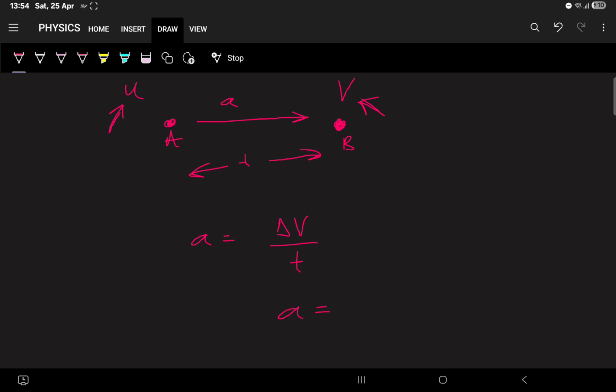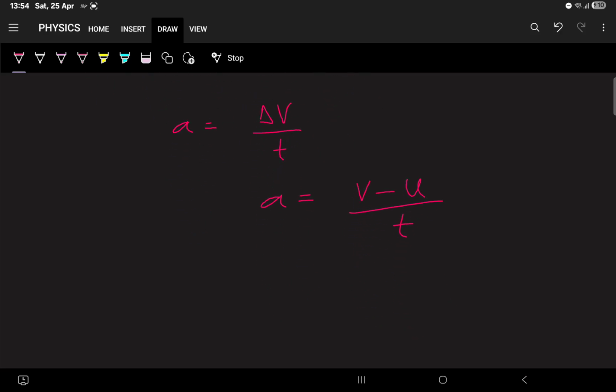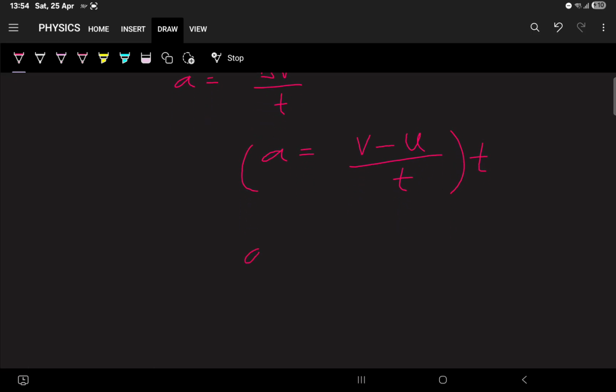So our change in velocity is final velocity, v, minus initial velocity, u, divided by time interval t. Now, multiplying both sides by t, we have at equals v minus u.